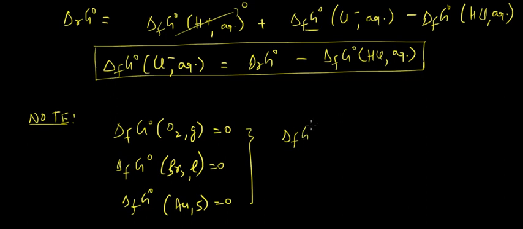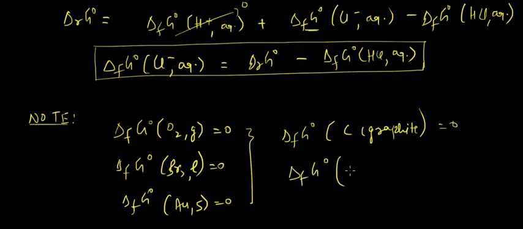Delta F G naught for carbon in graphite form would be considered 0, but delta F G naught for carbon in diamond form would not be considered 0.